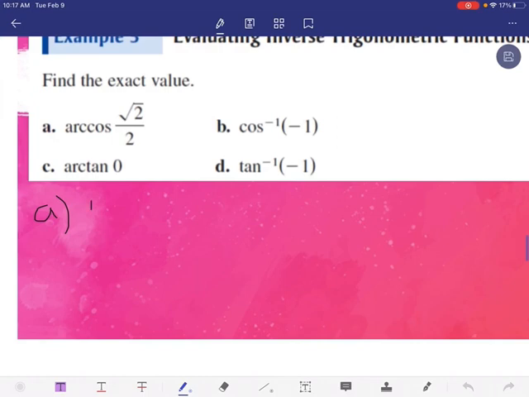So it's positive. Cosine is positive in our first quadrant and also in our fourth quadrant. And so the angle that has a reference angle of pi over 4 in my fourth quadrant would be 7 pi over 4.